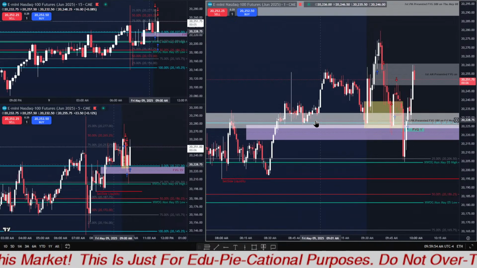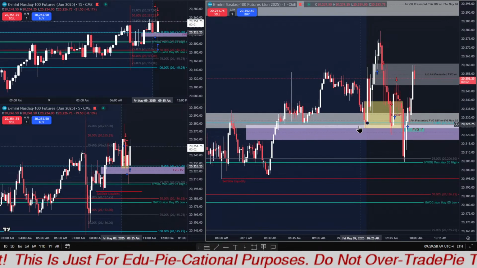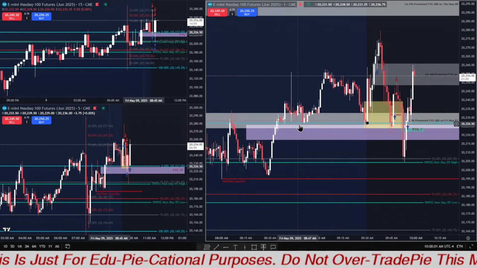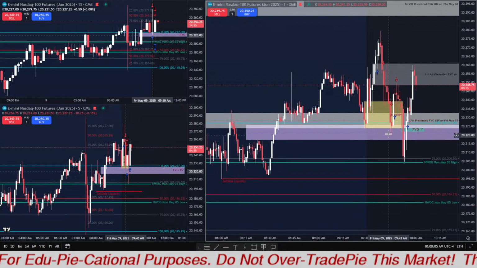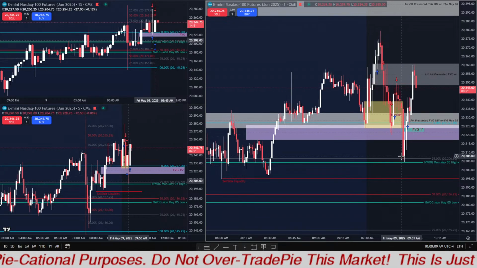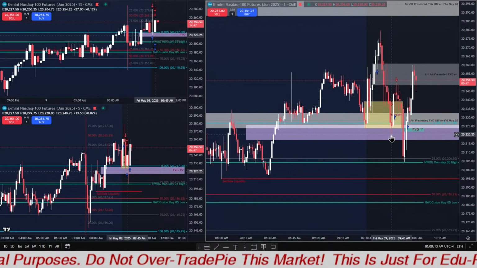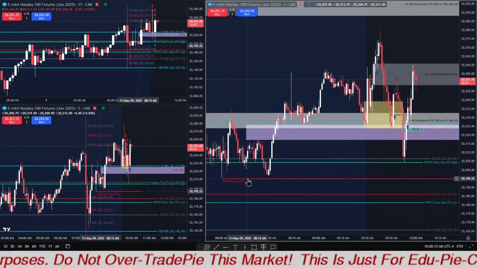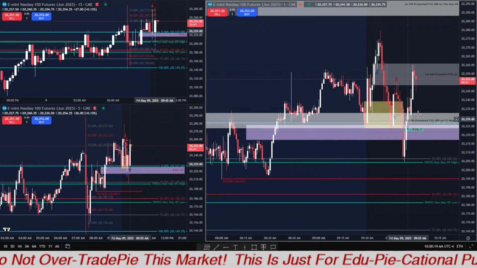After that, we cleared the sell side liquidity over here for these relative equal lows. Once again, cleared this with this low over here, and finally we cleared the sell side liquidity over here, but the main one is resting over here from 8 o'clock.